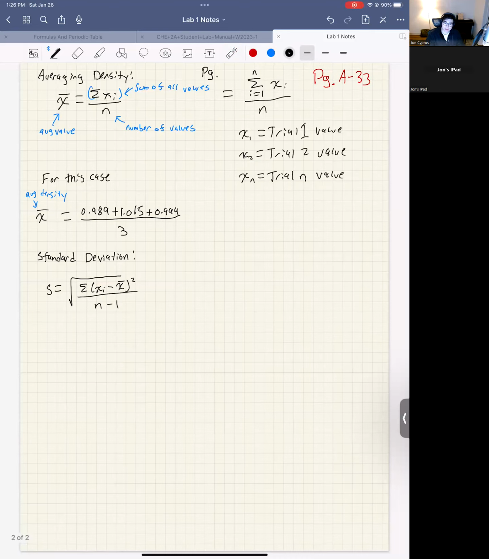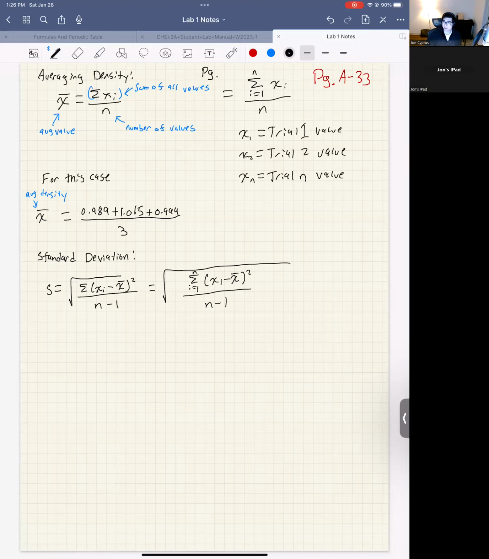So the way this works is you have to do each of these subtractions separately and then square them. Let me rewrite this. i equals 1, it goes to n. Again, this is just to show that it goes to however many trials you have. That is the more appropriate way to write it. So you start at your first trial and you go to n, however many trials you have.